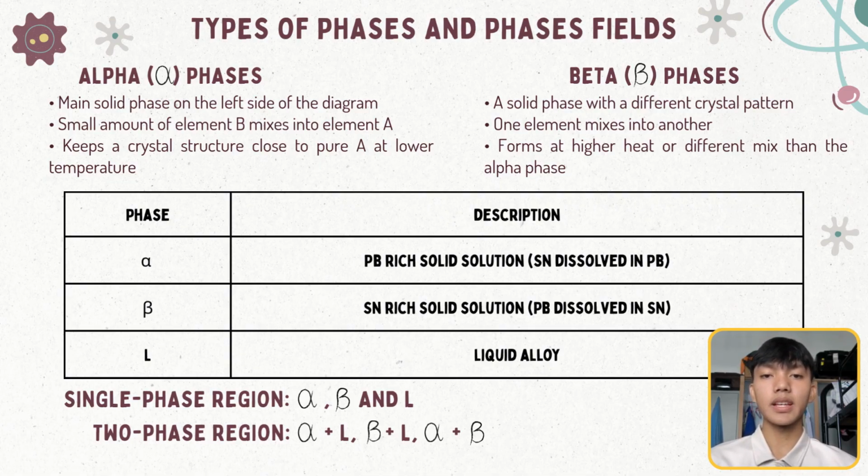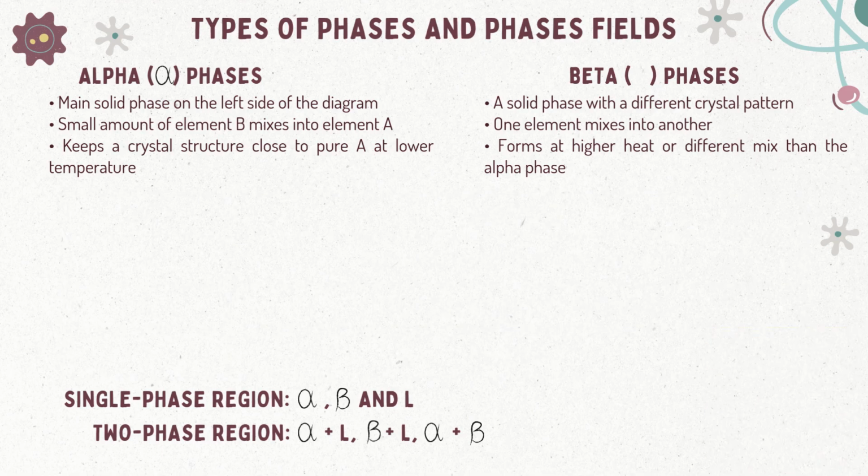Next, the phase fields include two types, which are the single phase region and the two phase region. The single phase regions include alpha, beta, and liquid. The two phase regions are alpha plus liquid, beta plus liquid, and alpha plus beta.